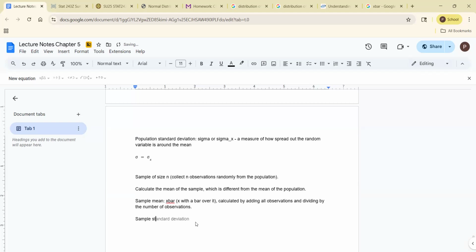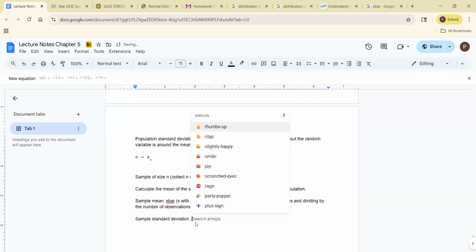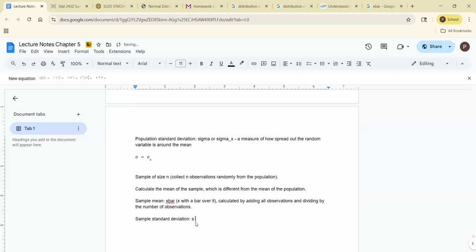We have the sample standard deviation, S. S is the English letter, or the Roman letter, if that's what it is, Latin. And sigma is the Greek version.